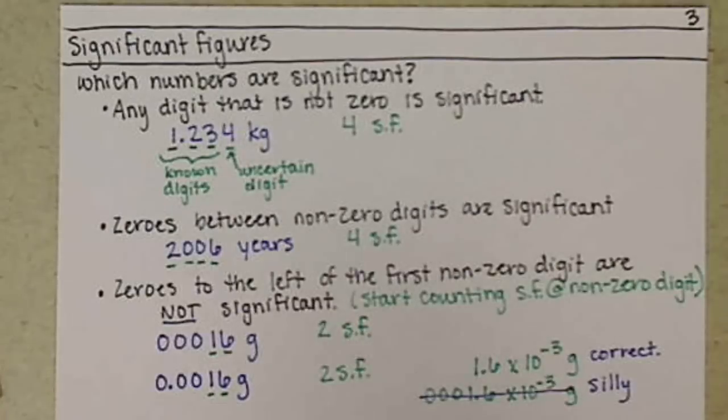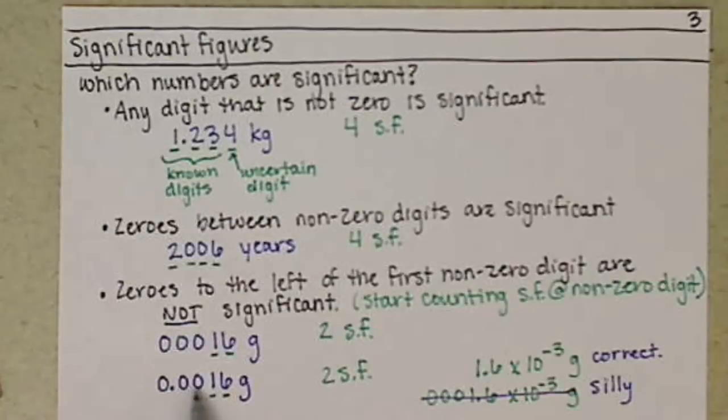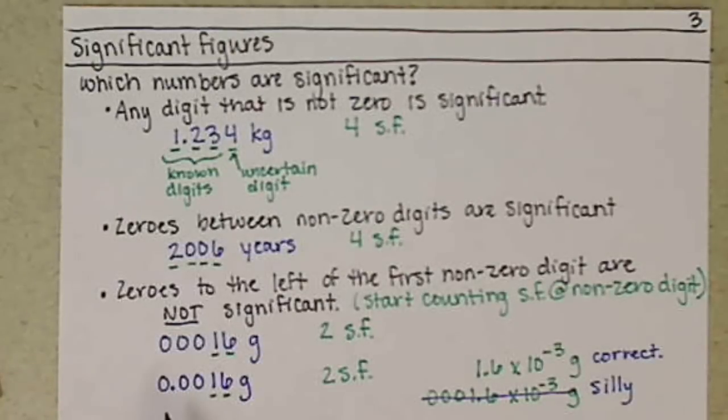Now, for those of you who still aren't buying it, some of you may look at this number and say, hey, if I didn't put those zeros there, it would change what this number is, which is true. But that does not mean that the zeros are significant in how the measurement was taken. Our sig figs are all of our digits plus that one guessed digit. These zeros out in front are just placeholders.